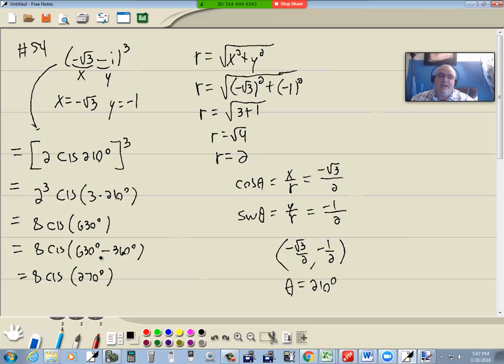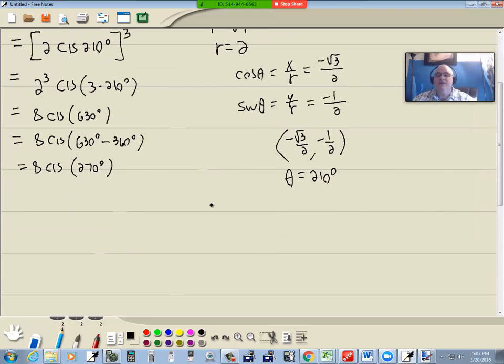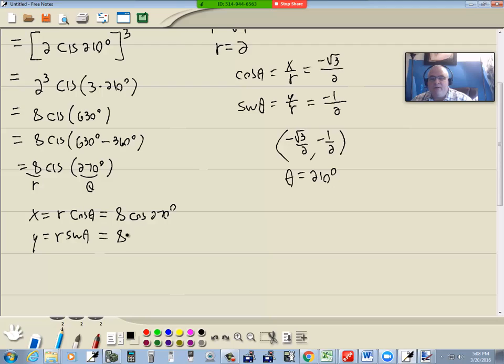But they said to put it back in rectangular form. Okay, so this is our r, and this is our theta. X is equal to r cosine theta, and y is equal to r sine theta. So we're going to have 8 cosine of 270 degrees, and y will be r sine of 270 degrees.